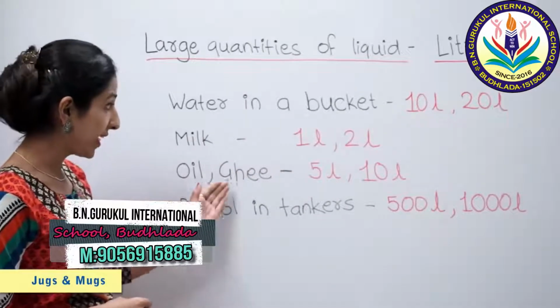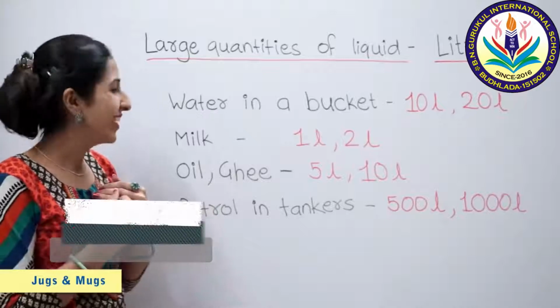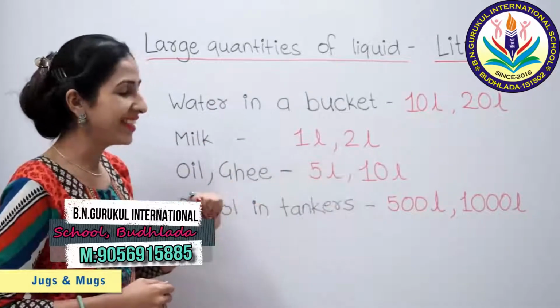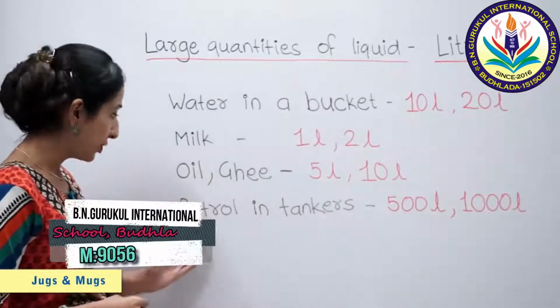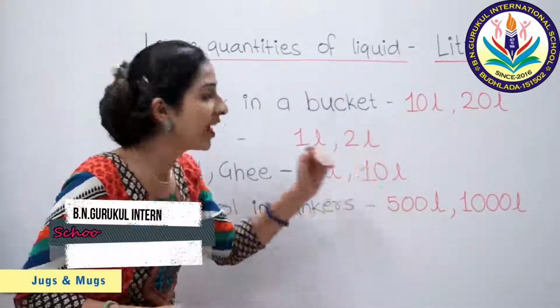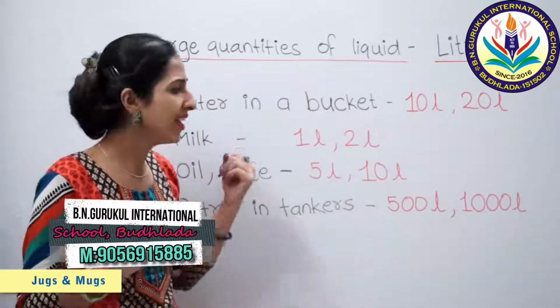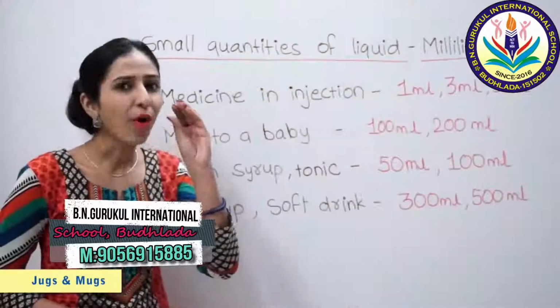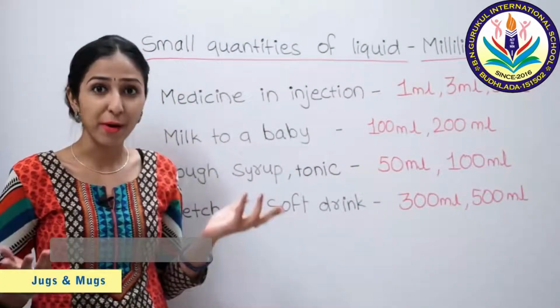Oil, ghee that we buy, 5 liters, 10 liters. Petrol in petrol tankers, 500 liters or 1000 liters.